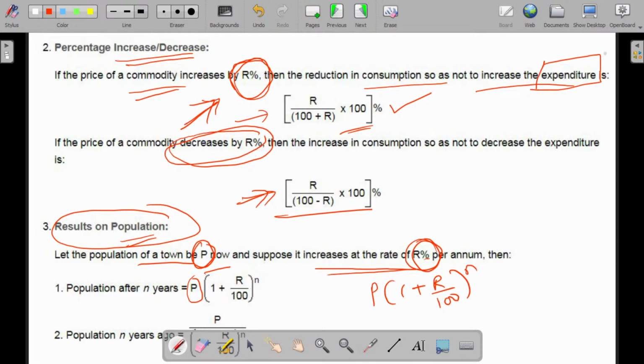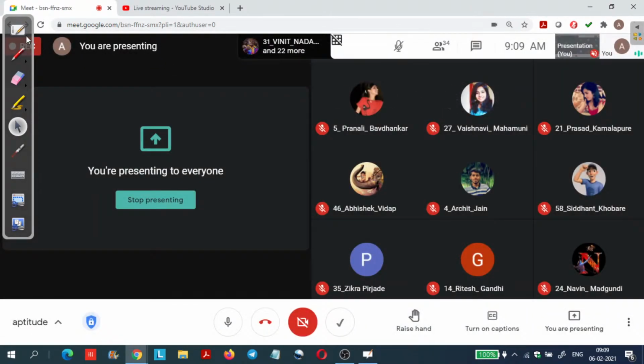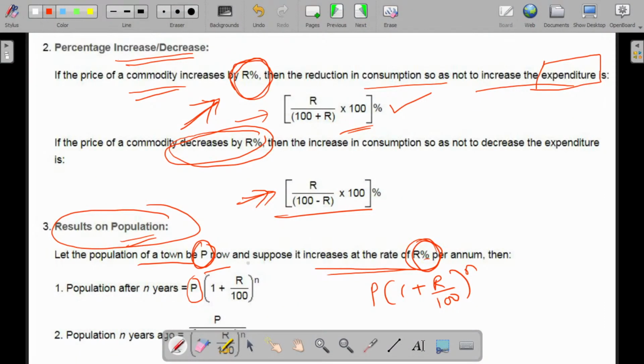If the population n years ago, it is P divided by 1 plus R by 100 raised to n.